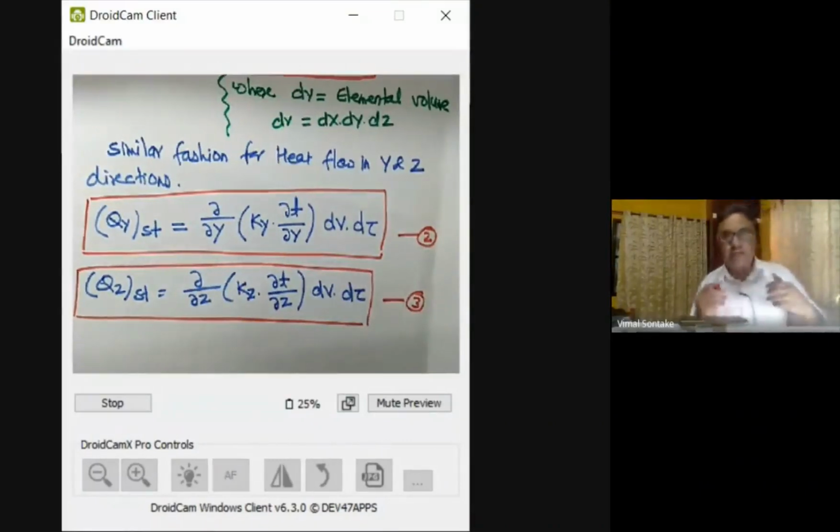So heat is flowing in x, y, and z directions, and by virtue of this heat conduction, some amount of heat is stored in the element.